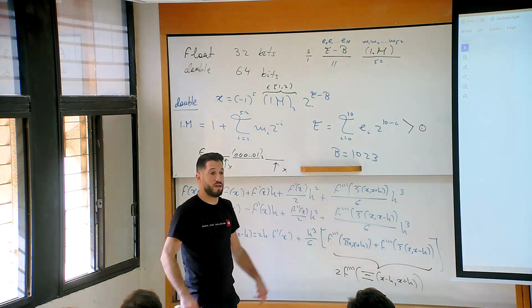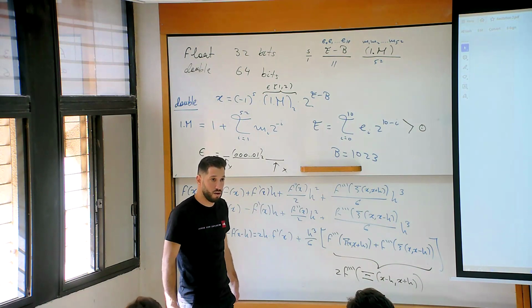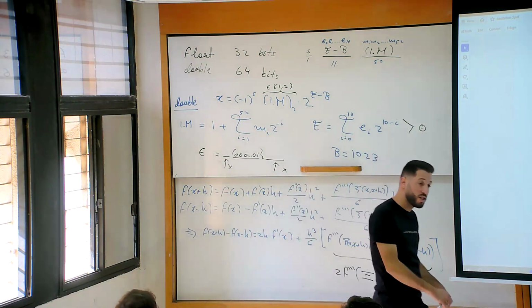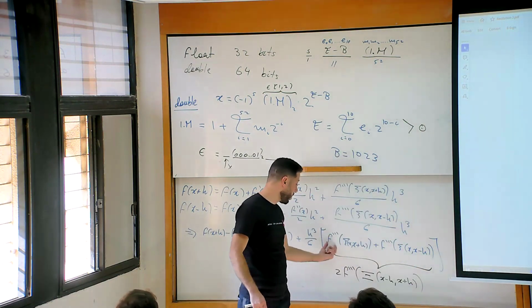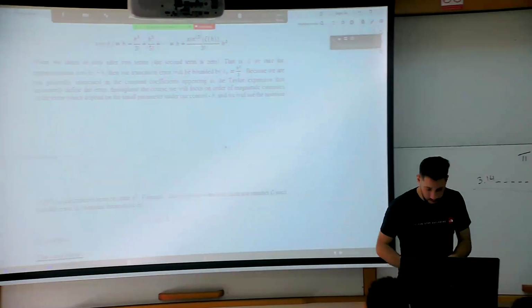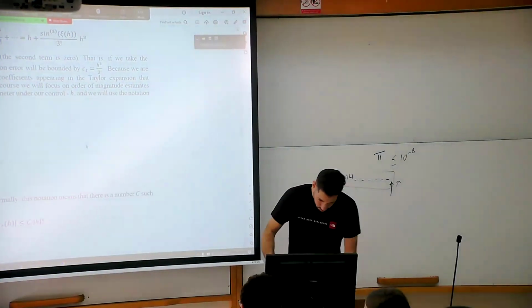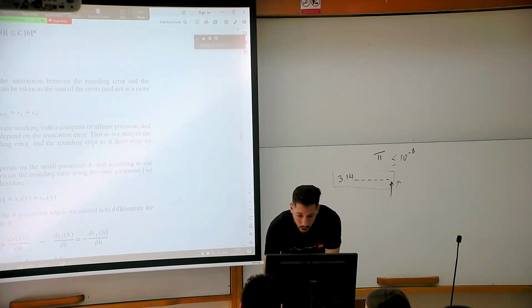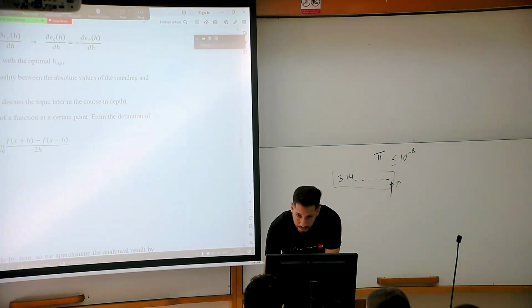I don't know what number it is, but it's certainly between x minus h and x plus h if this function is continuous and differentiable.